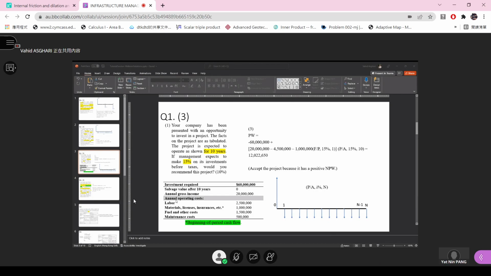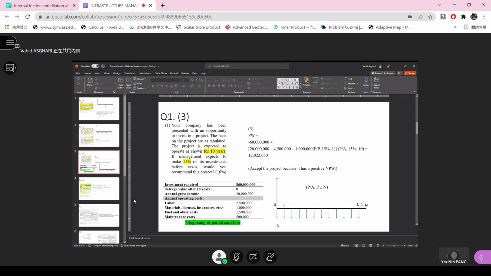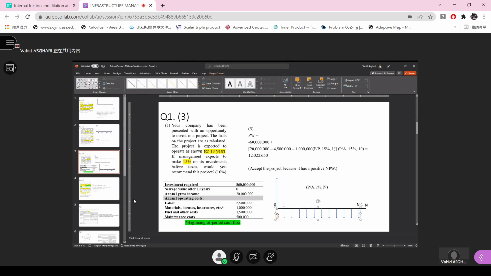I'm thinking that for the annual operating cost, because it starts at the beginning of the year, can I just use the n value as 9 years and calculate? Have you considered this orange arrow in your process?